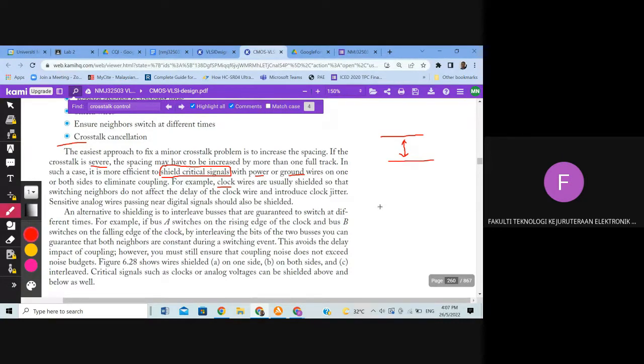So to reduce the effect of crosstalk, normally clock wires, wires that transmit the clock, are usually shielded so that the switching neighbors do not affect the delay.